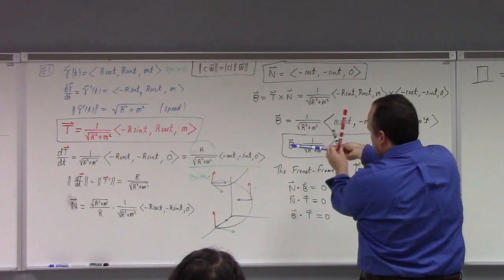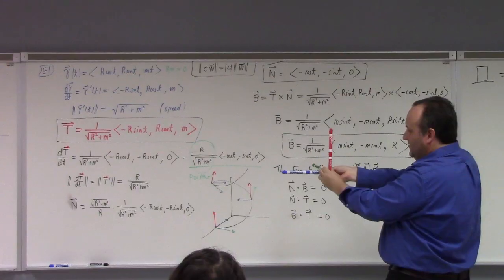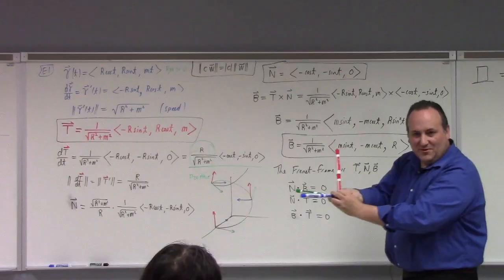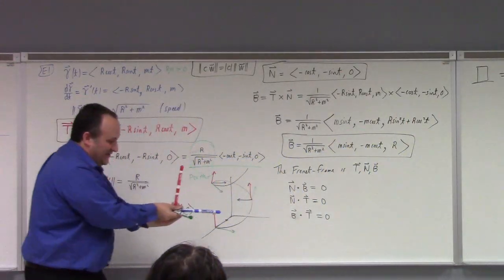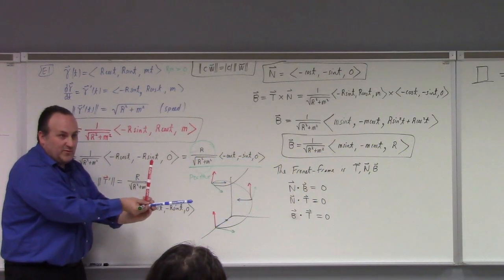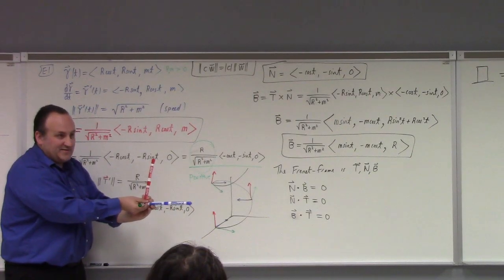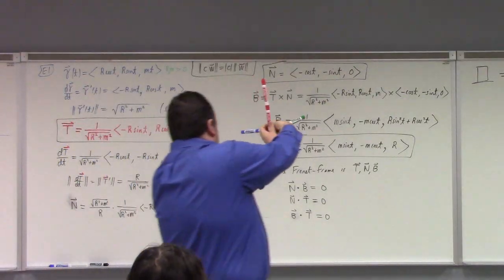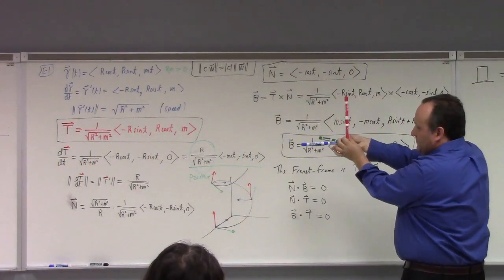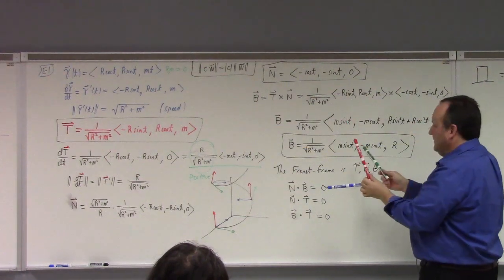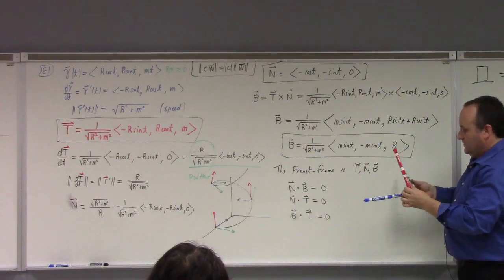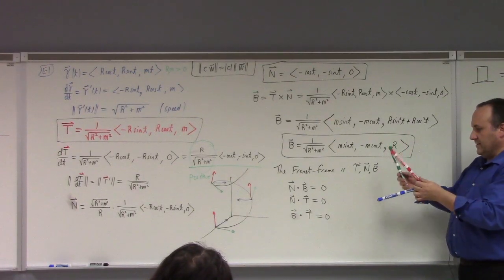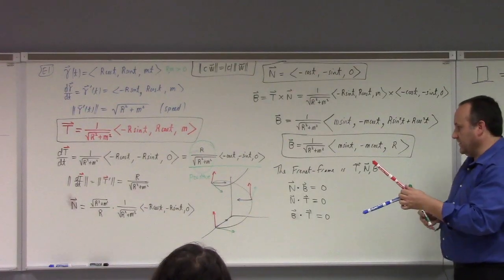But if I was doing this right, notice the normal is always horizontal. I'm not very good at holding these such that they keep the blue marker horizontal, but I should be doing that if I'm true to the math, right? Because the normal is always minus cosine, minus sine, so it's like a horizontal vector pointing like that. But the B is not vertical, right? It does have an x and y component as it goes around.